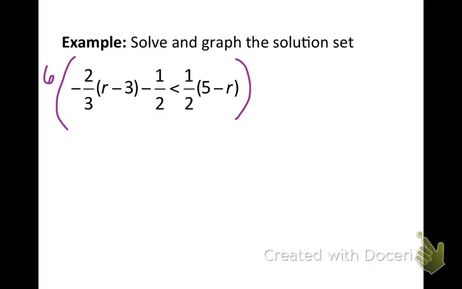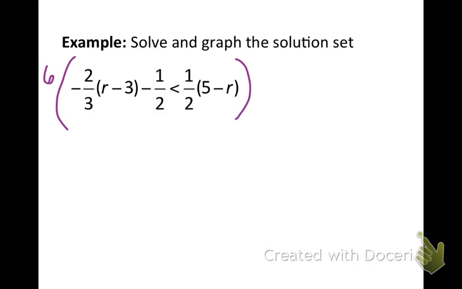I could multiply everything by -6 right away to get rid of that negative sign. But if I did that, what would I have to remember to do? Flip the sign. So do you want to do that now, or do you want to do it later, or just see where it goes? Let's see where this goes. Okay, so what's 2/3 of 6?